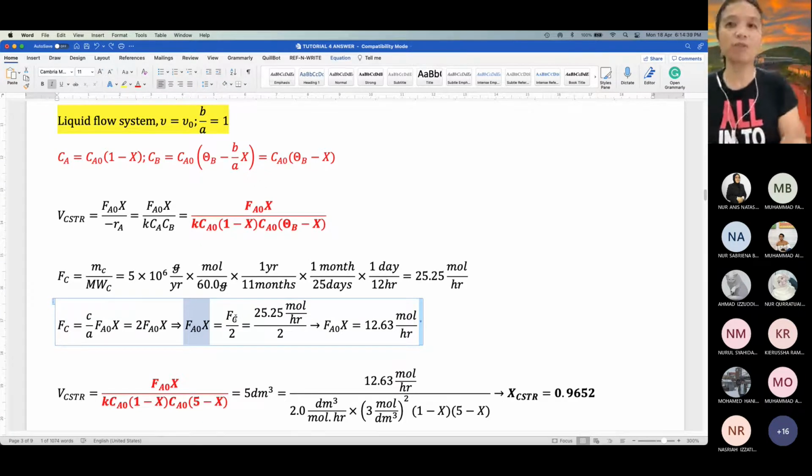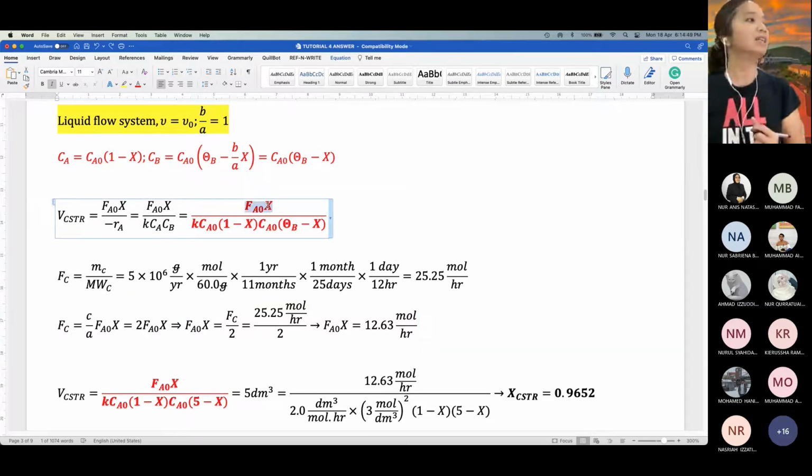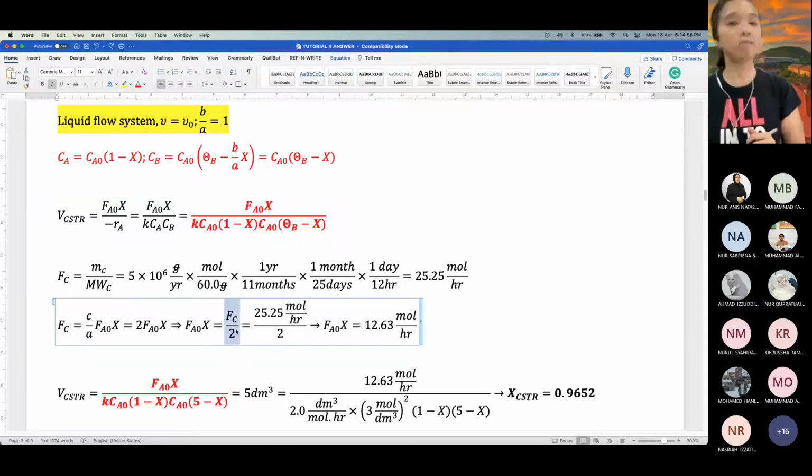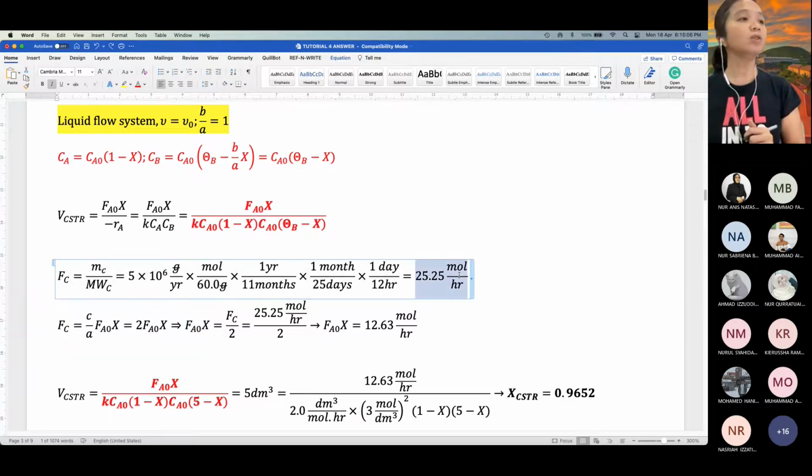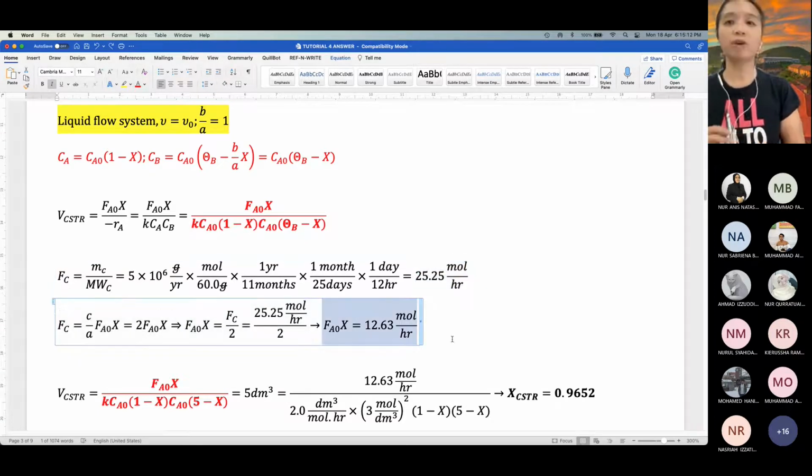You may be a bit confused because I said we find FA0, but why did it become FA0 X? Because even if you don't substitute FA0 X, the X cancels anyway, or basically the top of the equation becomes a number. So FA0 X is now equal to FC divided by 2. Look at this equation: FC equals 2 FA0 X. Hence, FA0 X equals FC over 2. So the FC that you calculated just now, 25.25, you divide by 2, and you will get FA0 X as 12.63.